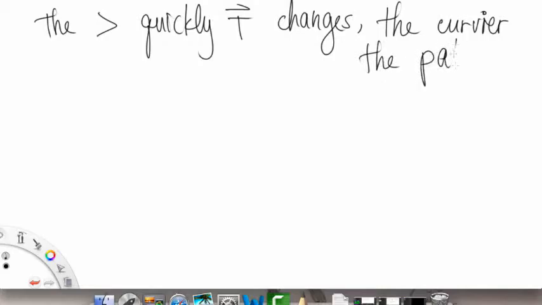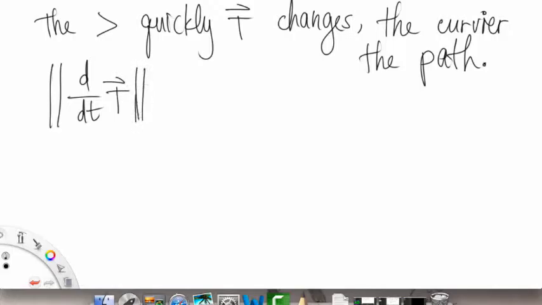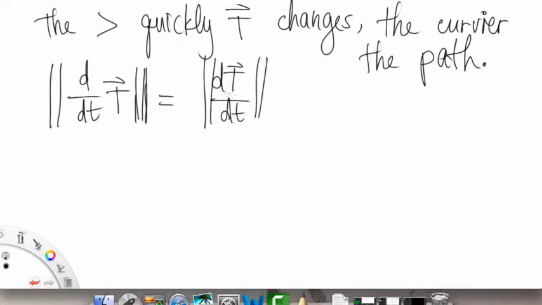It must be bending more, right? But there's a little bit of a problem here. If we were to take the magnitude of the change in our unit tangent vector, this equals the same thing as dT over dt, right? So that's the same thing there.